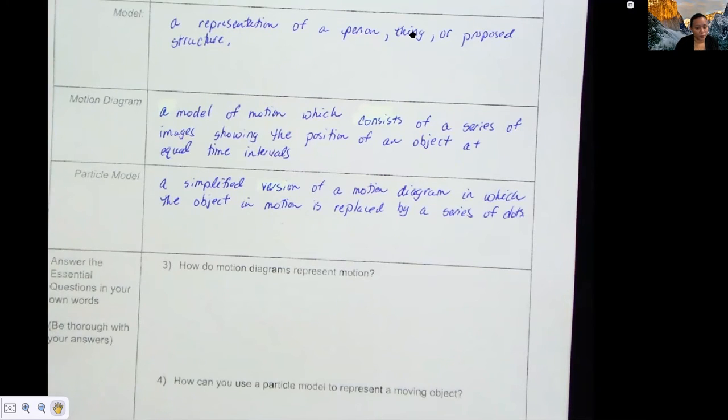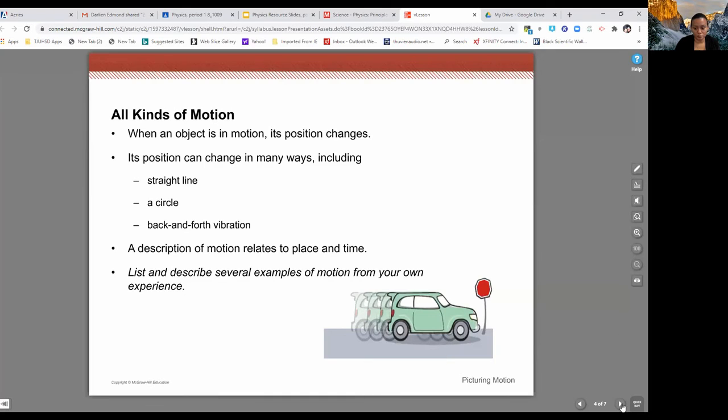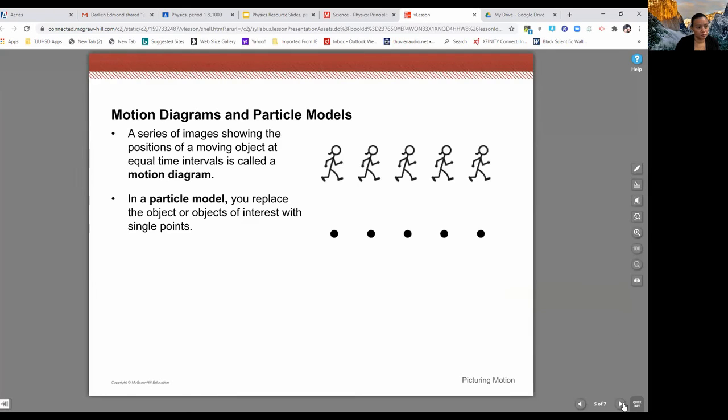So going back here, motion diagram and particle models: a series of images showing the positions of a moving object at equal time intervals is called a motion diagram. All right, so this would be a motion diagram. A particle model is where you replace the object or objects of interest with single points.